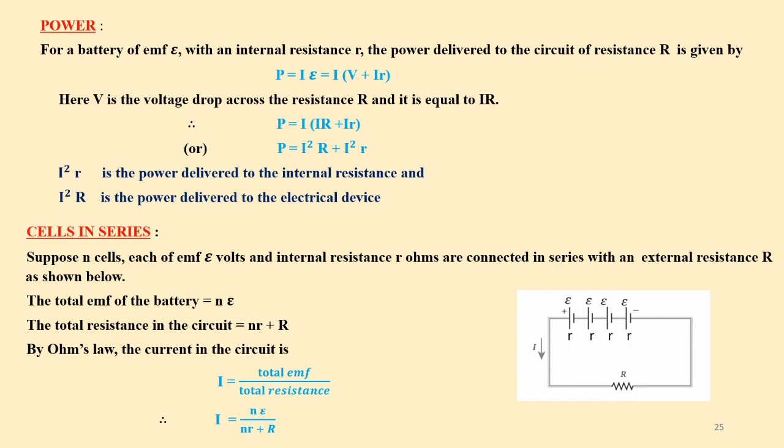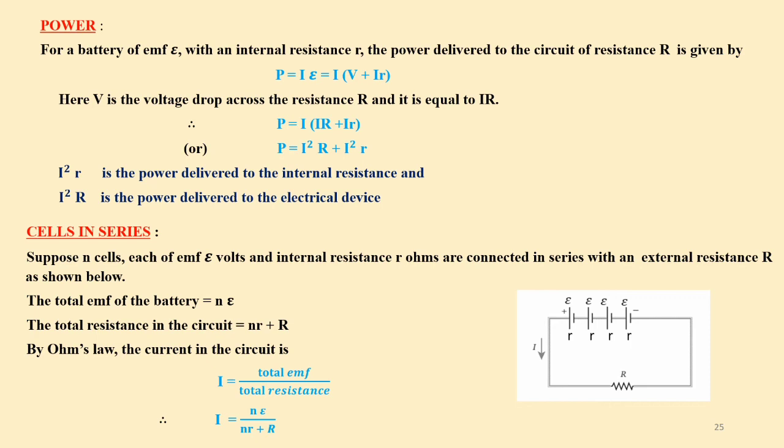So if you take the sum of all the internal resistances, small r plus small r plus small r like that for n cells, the total internal resistance will be equal to n times small r. In addition to that, one external resistance capital R is also in the circuit. Hence the total resistance in the circuit must be equal to n times small r plus capital R.